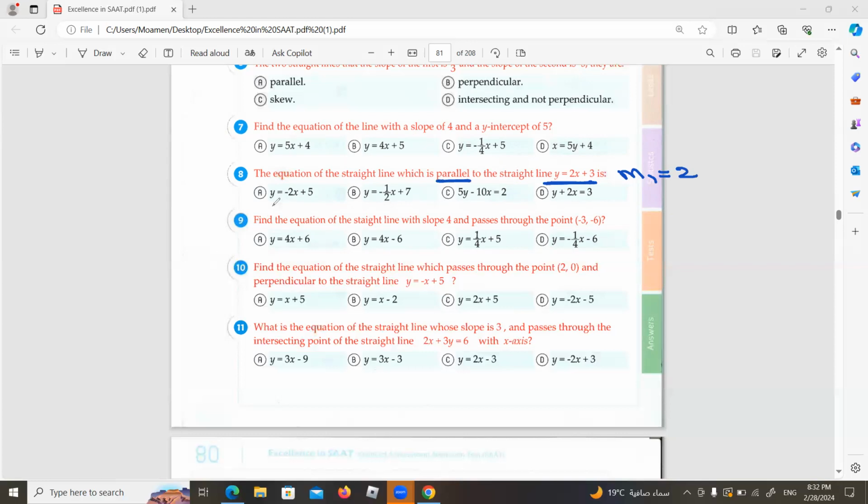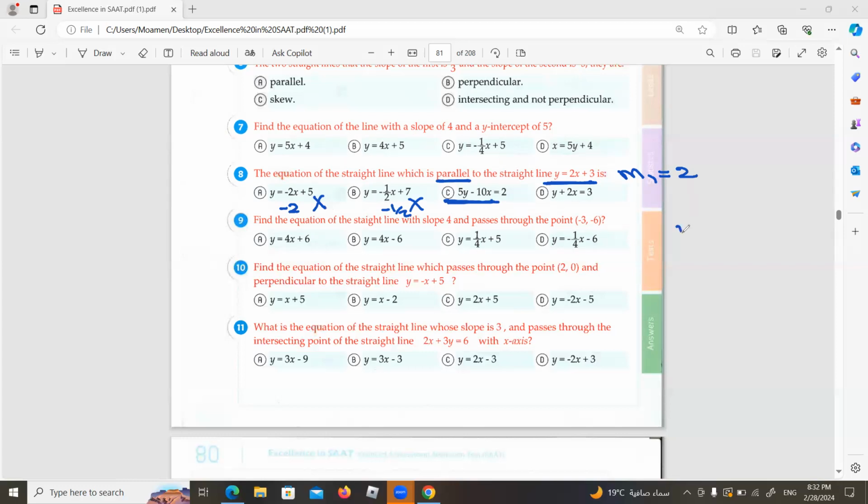So I'll check. The first line slope is -2, so it's out. The second line slope is -½, so it's out. The third slope is what? Oh, mister, it's a standard form. So I use your rule, which is the negative coefficient of x over coefficient of y.